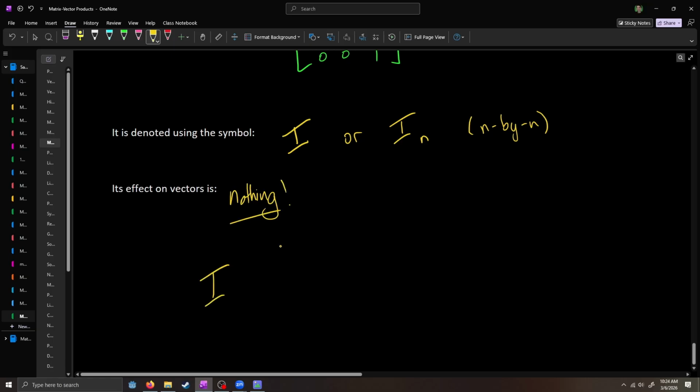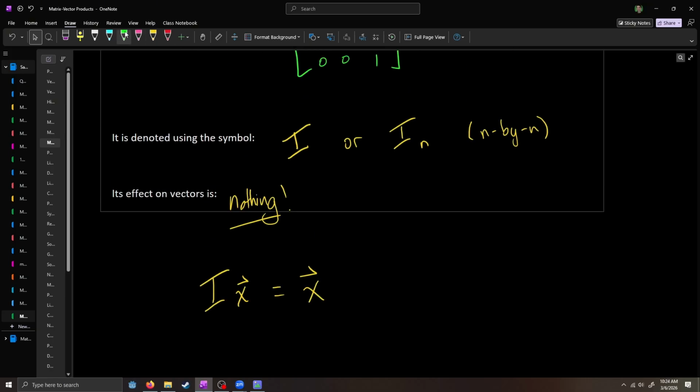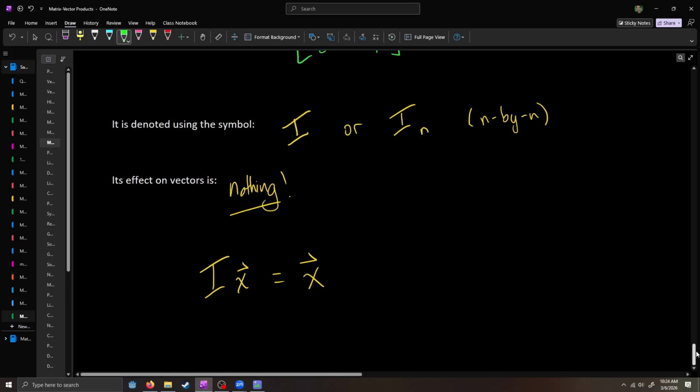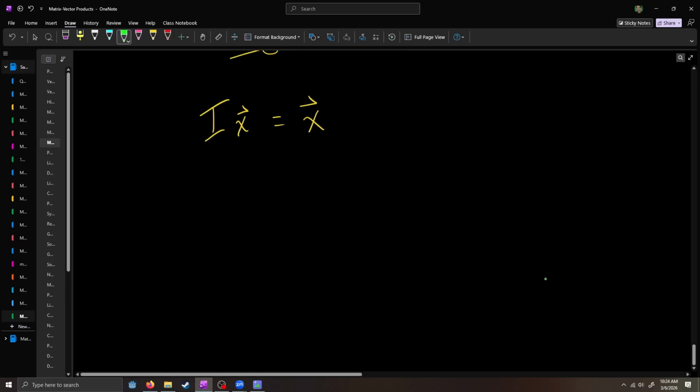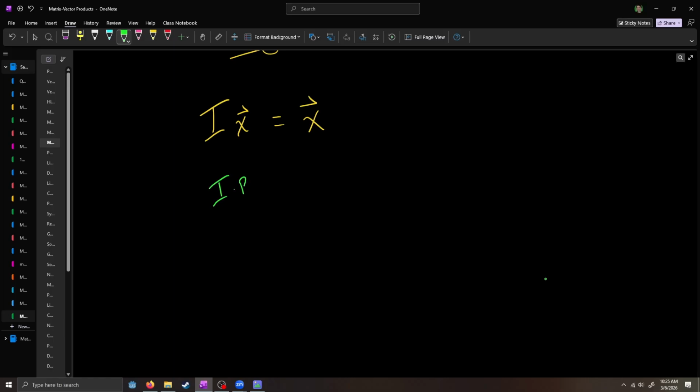If you take the identity matrix and apply it to a vector x, the result is still equal to the vector x. That has not changed. Even further than that, if you take this identity matrix and multiply it by some other matrix, for example, if you do I times B, the result of this is just going to be the matrix B unchanged, assuming that I and B are compatibly sized.